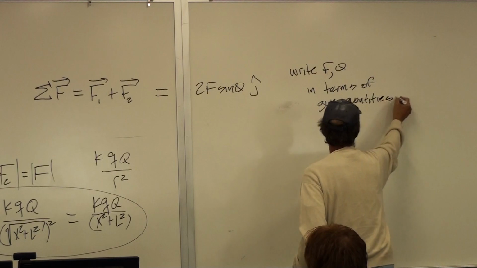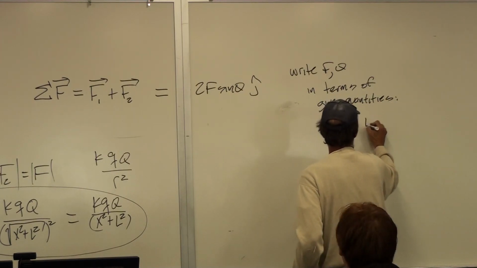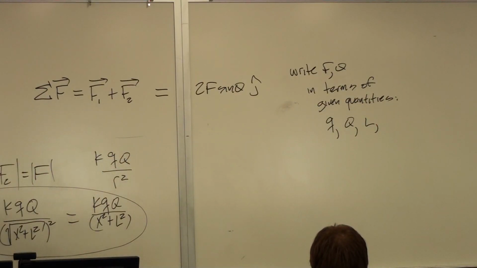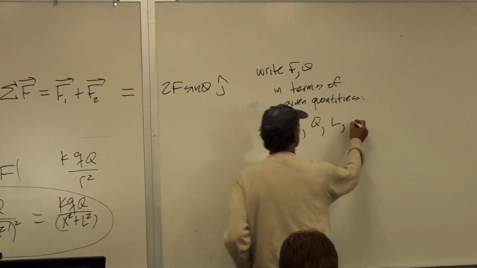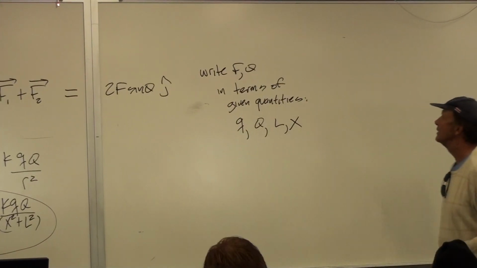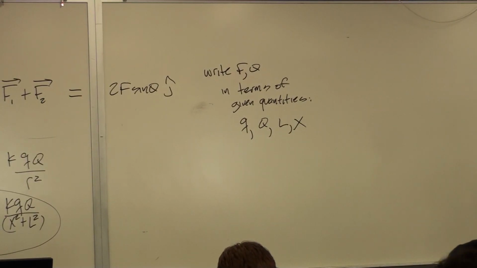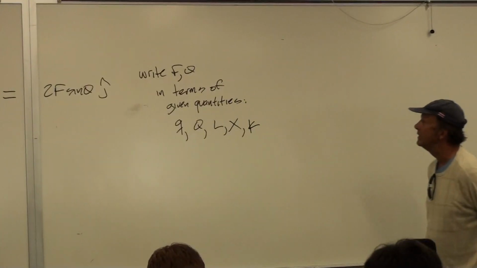So assume that the given quantities are little q, big Q, L, and x, even though it's a function of x, we want to write F and theta in terms of those given quantities. And of course, our Coulomb constant k.